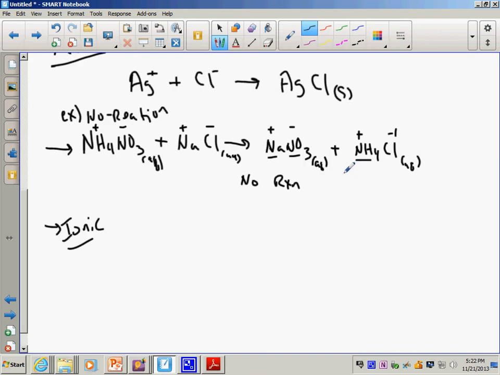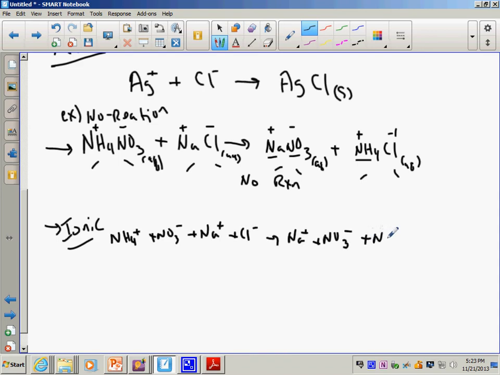Nothing fell out. So what does it look like? Split up the ions. NH4 plus, NO3 minus, plus Na plus, Cl minus, yields Na plus, NO3 minus, plus NH4 plus, Cl minus. This is the ionic equation.